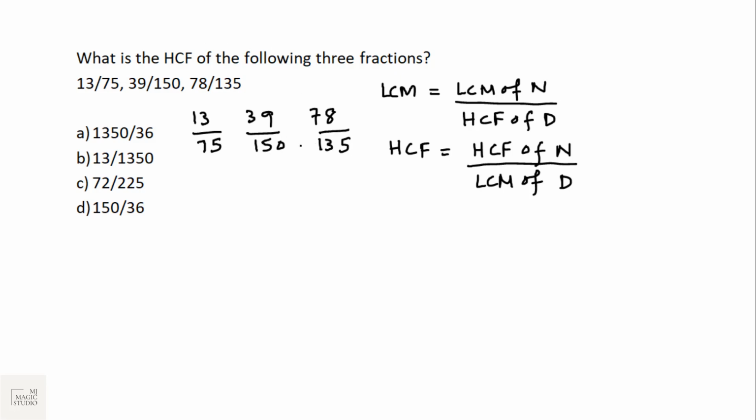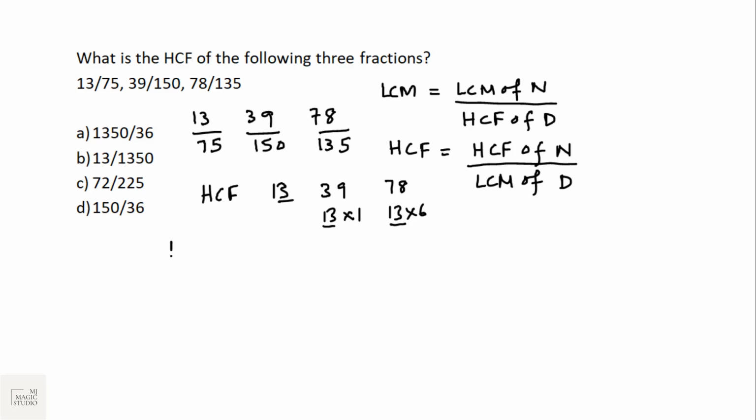So HCF of these three fractions is first HCF of 13, 39 is 13 into 1, and 78, which is 13 into 6. We can see that 13 is common. 13 is the only common factor.